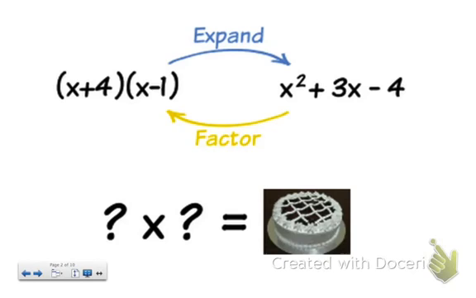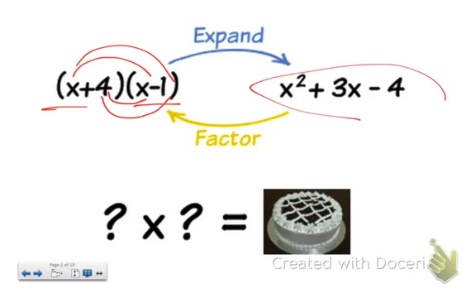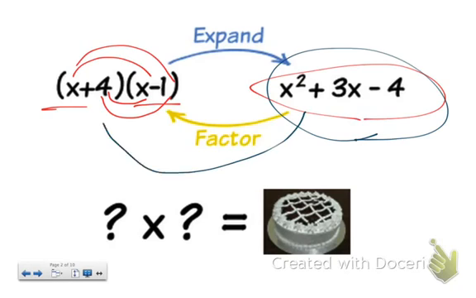Normally we would have two binomials and multiply them together to get a trinomial. When we factor, we're given a trinomial and we're trying to figure out what two factors, when put together, give us this result.